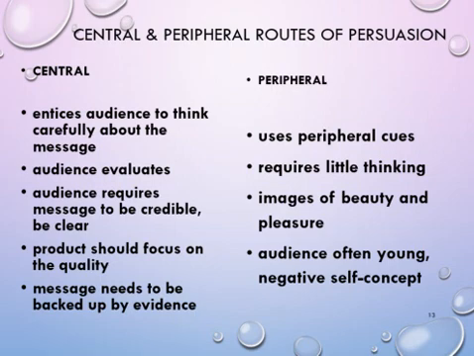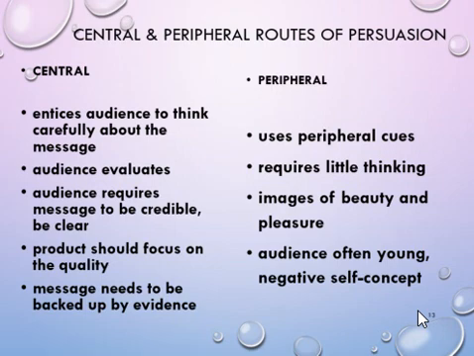Then the audience evaluates what was heard, and that's why they often use statistics and logic, because the audience requires the message to be credible, logical, clear. And the product should be focused on the quality.